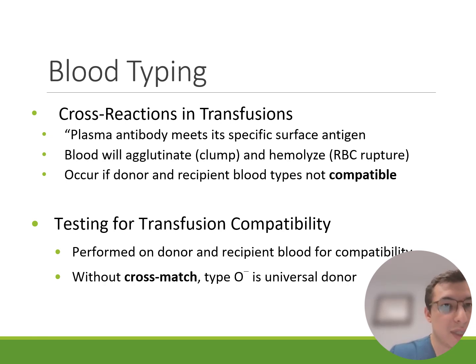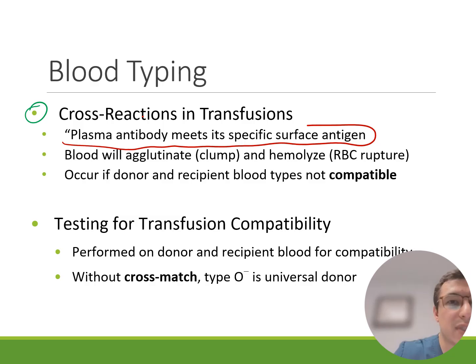What is blood typing? Blood typing means that we need to find out what type of blood you have to avoid some of these transfusions and reactions, as your plasma antibodies meet a specific surface antigen.